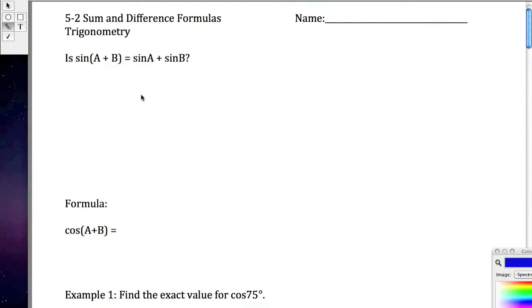Okay, so let's go. First of all, we're going to see: is sine of A plus B equal to sine A plus sine B? How are we going to do this? Here's what we're going to look at.